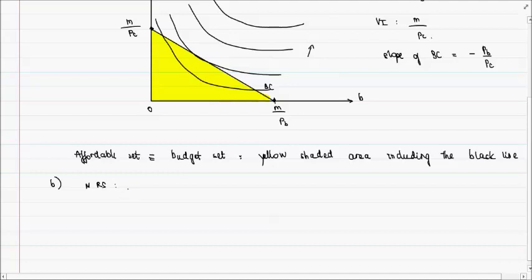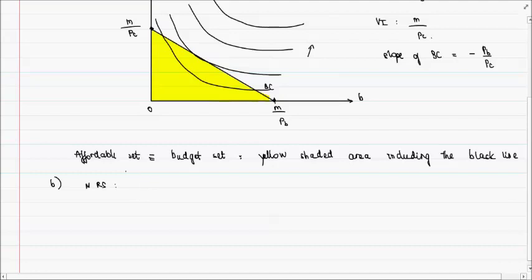So it's basically the absolute value of the slope of the tangent of the indifference curve.